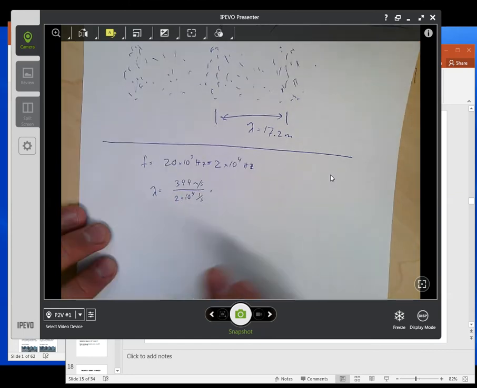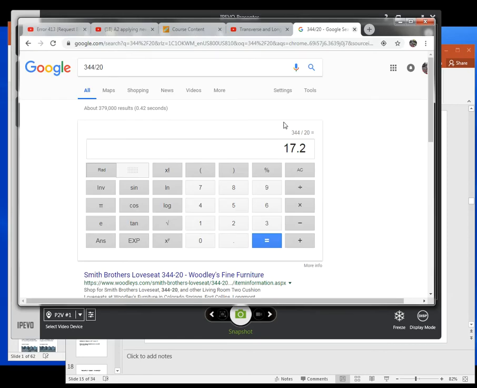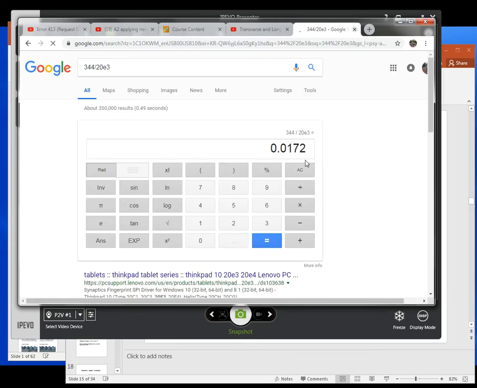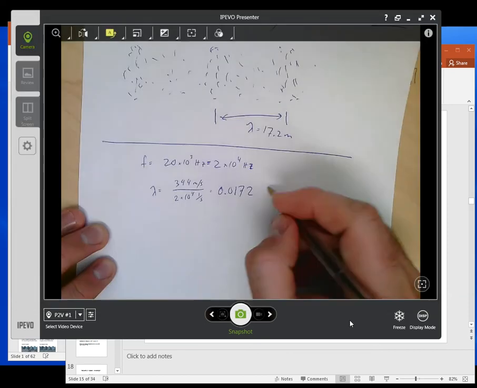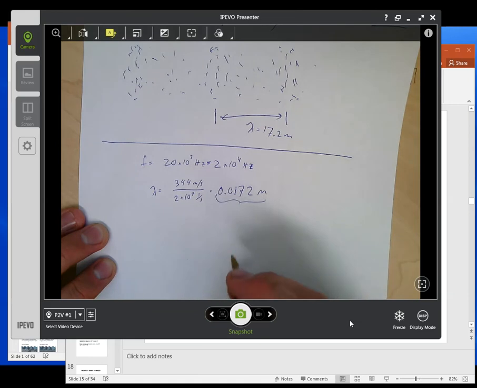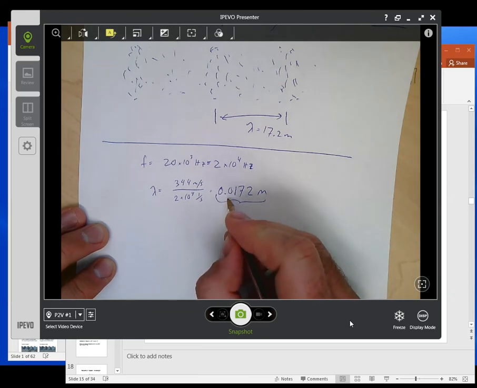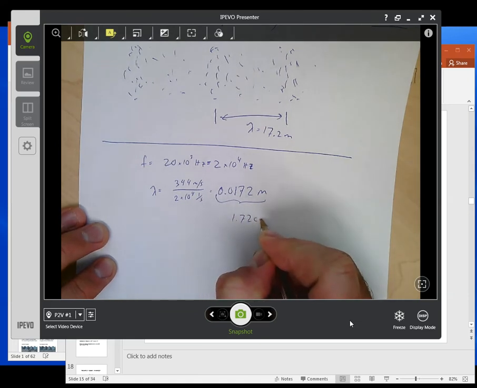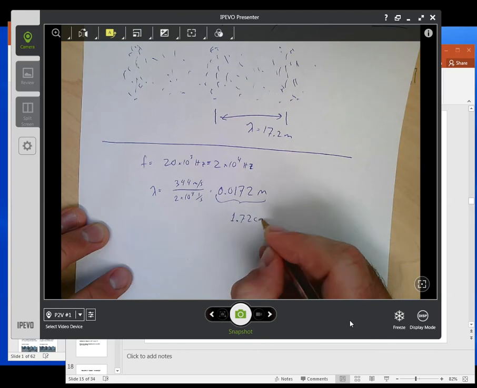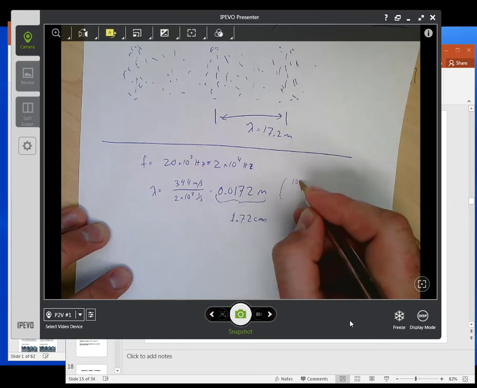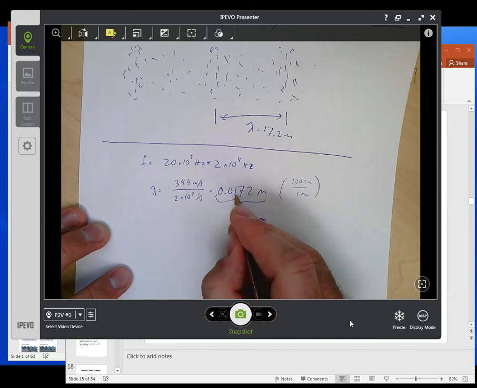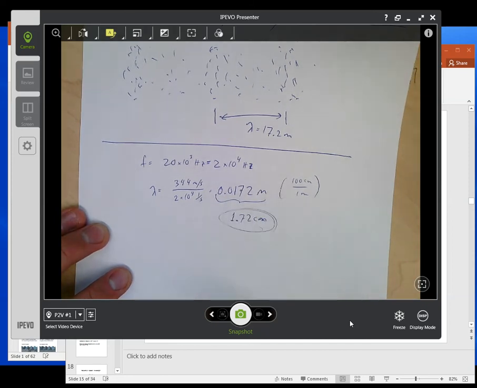I'm going to go back to the calculator and do pretty much the same thing, except there's going to be 20 E3. I end up getting 0.0172 meters. This by itself is acceptable, but do you know how many centimeters that is? It's 1.72 centimeters. You can use this conversion trick, multiplying by the fact that there are 100 centimeters in 1 meter, and you slide that decimal place over 2, and you get 1.72 centimeters.